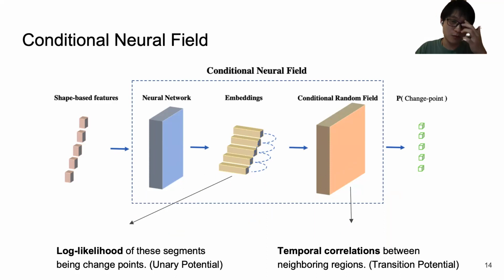So now the neural network can output the likelihood of the segments being a change point, and CRF learns about the transition potential of one segment transitioning to another segment. Combining these two, we get the output. We can tell if the segment is a change point or not.